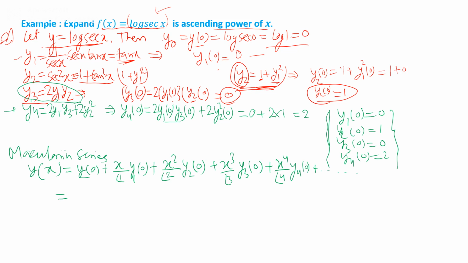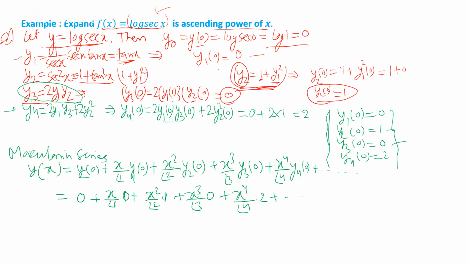Now substitute the values of y naught, y dash naught. So we get y0 is 0, plus x upon factorial 1, y dash 0 is 1, plus x square by factorial 2, y2 at 0 is 0, that becomes 1, plus x cube by factorial 3, and y3 at 0 is again 0, x power 4 by factorial 4, and y4 at 0 is 2, and so on.